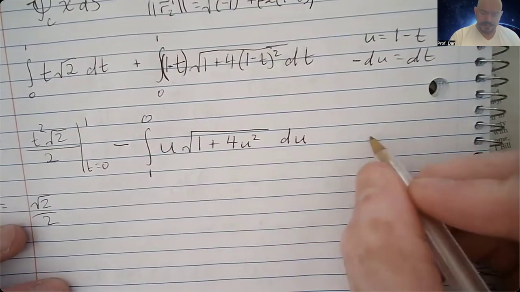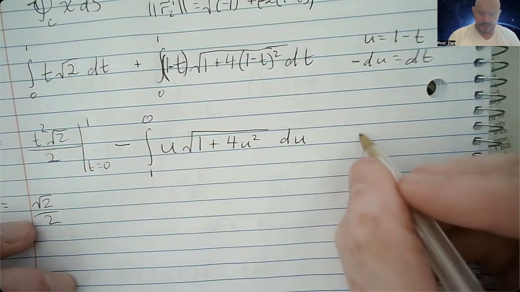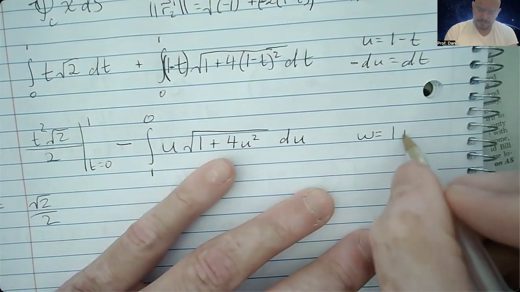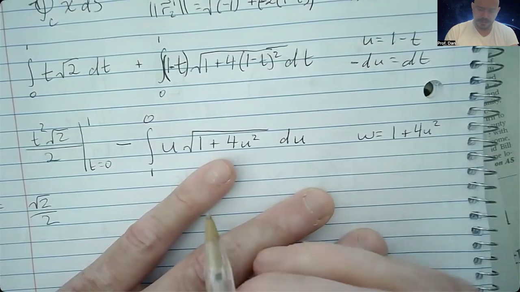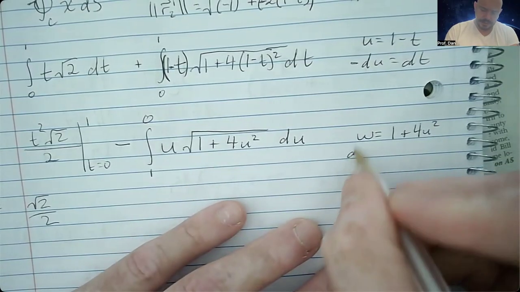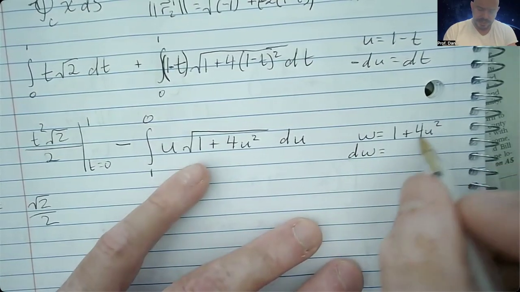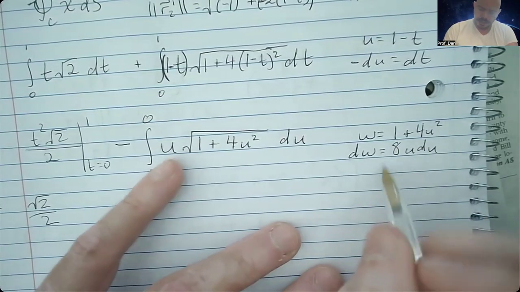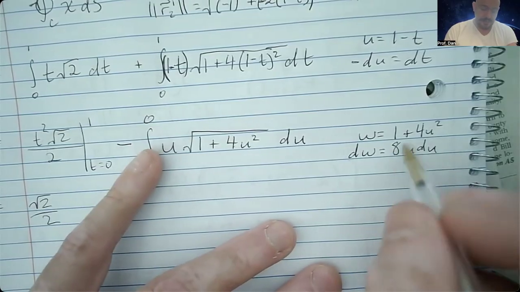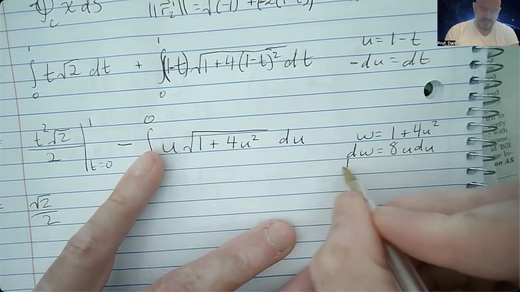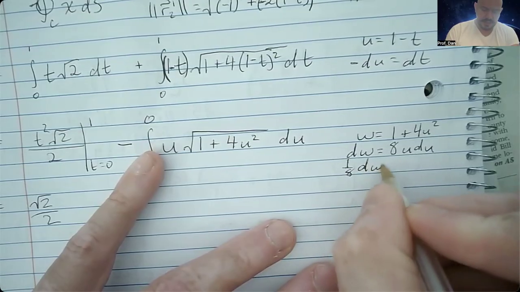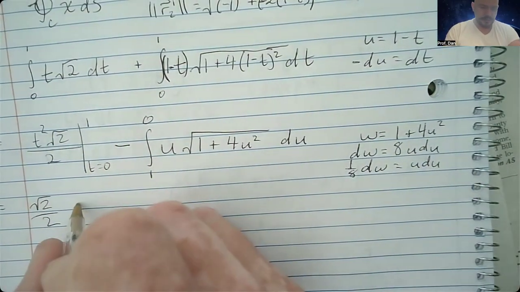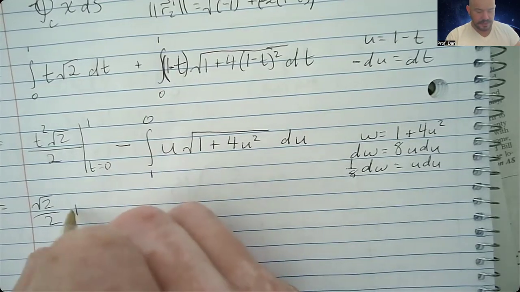Now for the path backwards, I mentioned we'll do another one. Let's say we make this w, so w will be the inside of my radical. dw will be 8u du. I don't have the 8, I just have the u du, so I need to divide both sides by 8. So I get 1/8 dw is equal to u du. Remember, we can switch the bounds and change the sign.